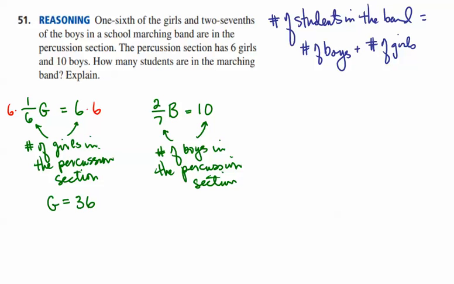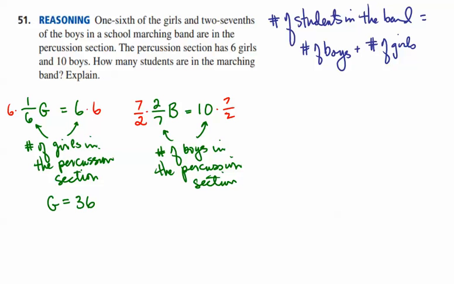Now, some students like to divide both sides by 2/7 here. I'm going to suggest that a simpler way would be to multiply both sides by the reciprocal of the 2/7. Sorry, that's 7/2.